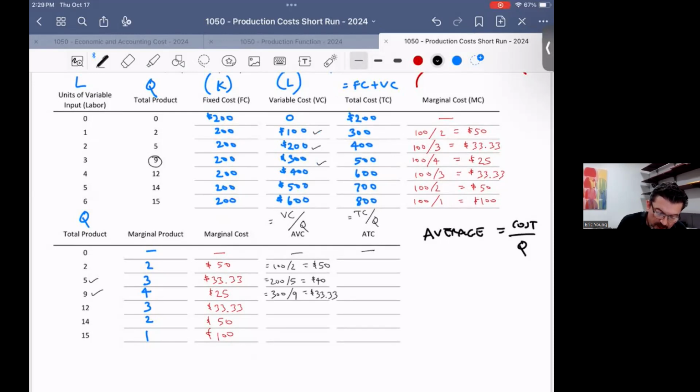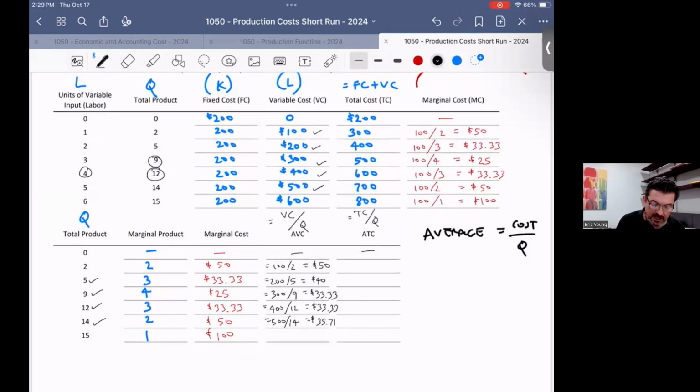When we have a fourth worker getting 12 pizzas, variable cost is 400. So average variable cost will be that 400 divided by our 12, and that will also be 33.33. Then 500 divided by 14 is 35.71.